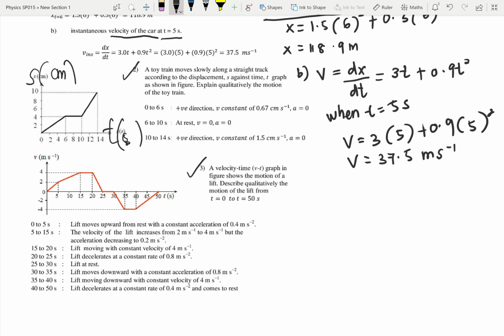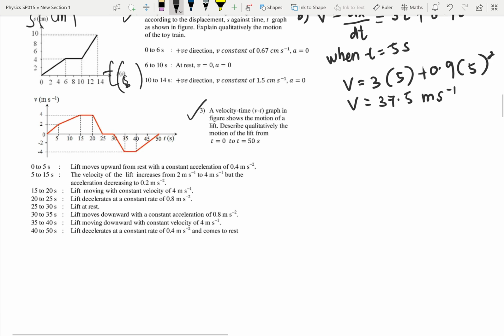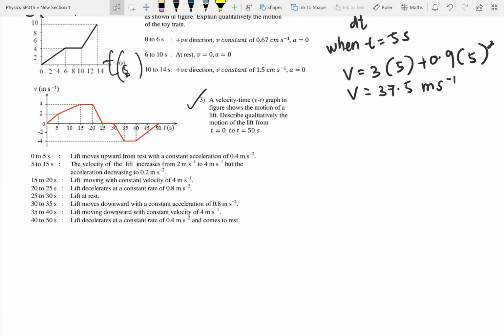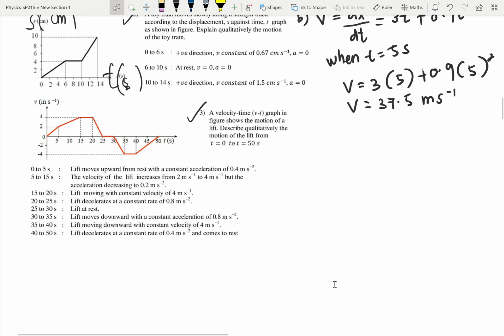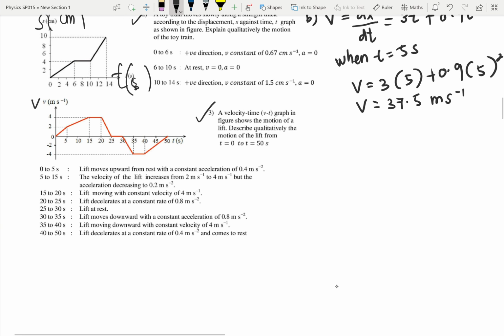So be careful with the unit. Question 3 will also be given a graph, but this one is a graph of velocity v in unit meter per second against time t in unit second.